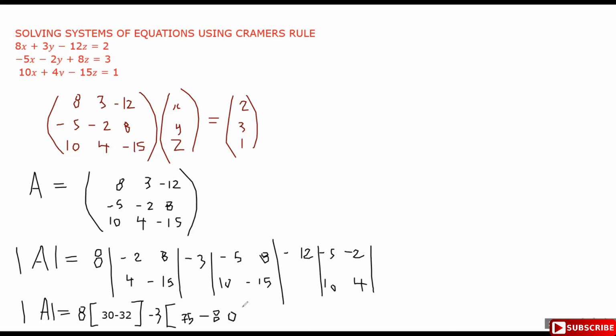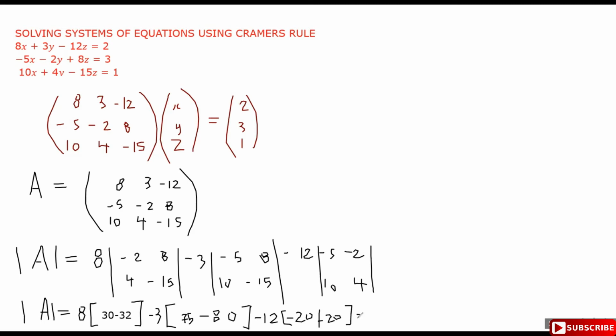We close that bracket. Then we're going to have minus 12 times, in bracket, minus 5 times 4 is minus 20. Then we have minus 2 times 10 is minus 20. So this becomes plus 20. That part works out to be 0.